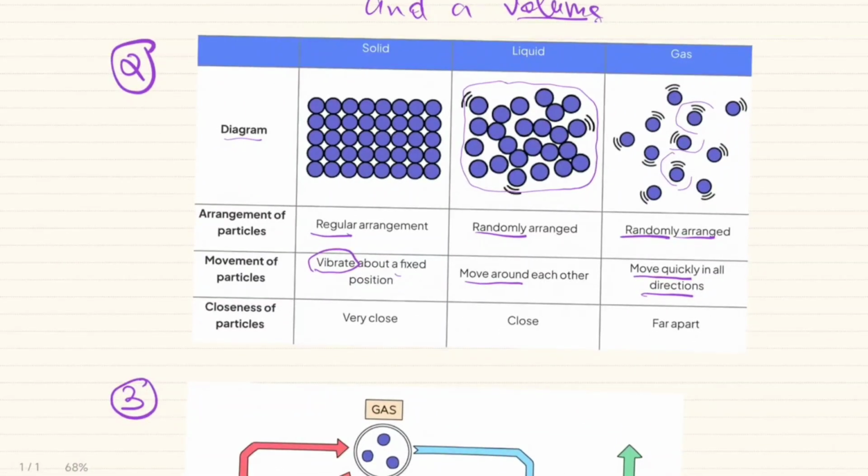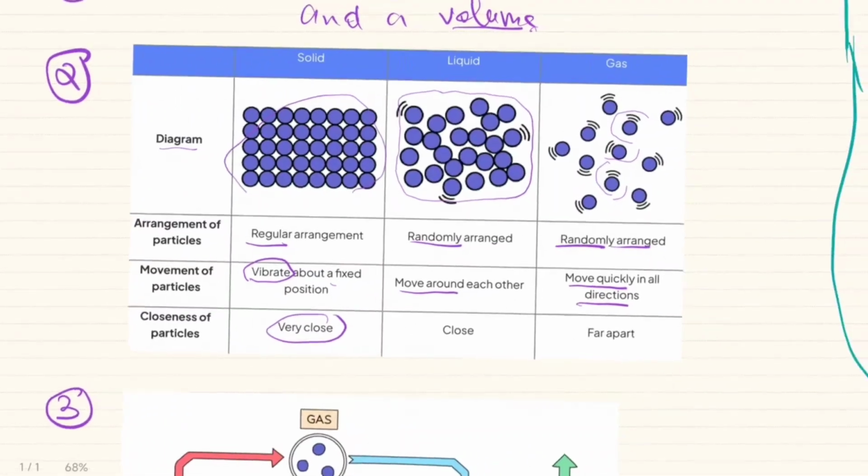And closeness of particles: in solids they are very close, as you can see in this diagram. In liquids, they are close, but they still have some space to move around. And in gases, they are far apart.